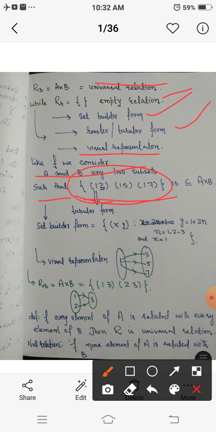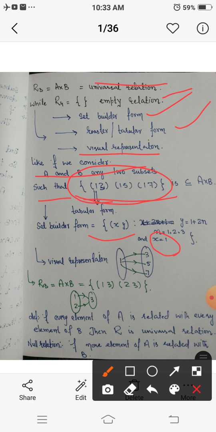Similarly, we can have the set builder form. Set builder form is that form in which we enlist the property. That is, it is a set of ordered pairs (x, y) such that y equals 1 plus 2n, where n equals 1, 2, 3, and x equals 1. Here in this relation 1 3, 1 5 and 1 7, the first entry is 1, so x is 1, which I write here as x equals 1.